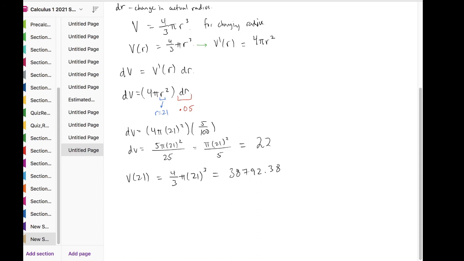So this means that when you take the measurement with this faulty radius, the value is going to be somewhere between that minus and that plus.